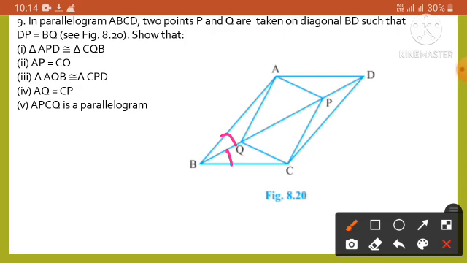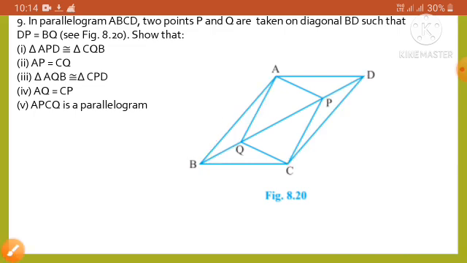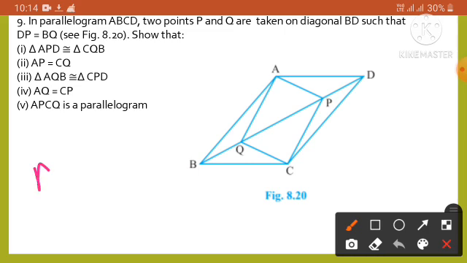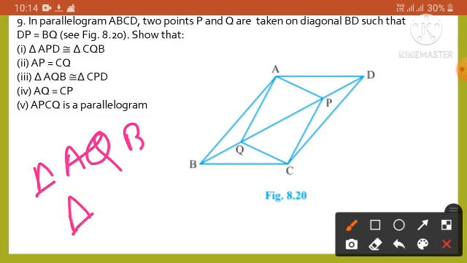Now in triangle AQB and triangle CPD, these two triangles, we are having QB equal to PD.